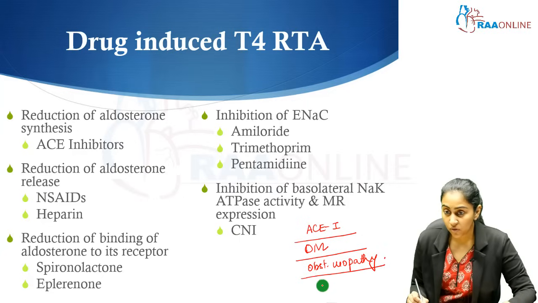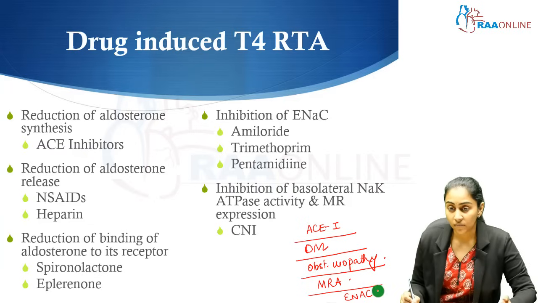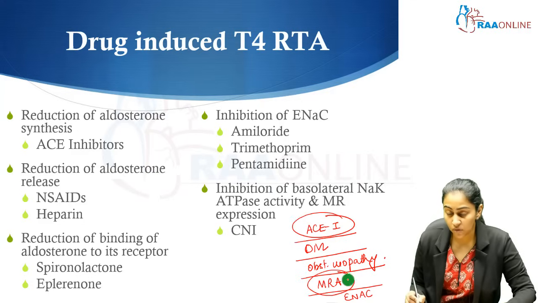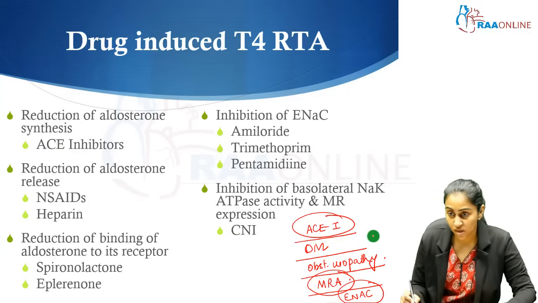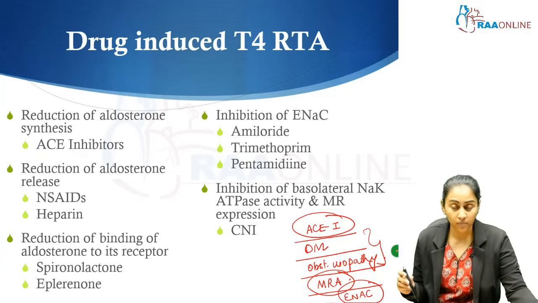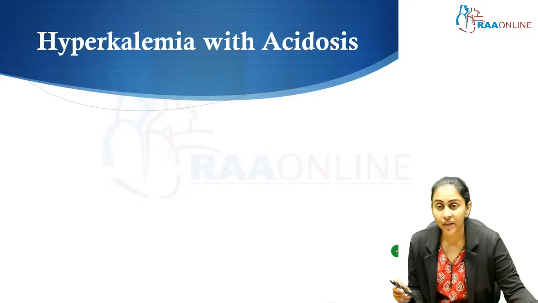Or the patient could be on some mineralocorticoid receptor antagonists like spironolactone, eplerenone, or ENaC channel inhibitors like amiloride. So remember aldosterone, and when aldosterone is blocked, that could happen from ACE inhibitors or mineralocorticoid receptor antagonists. Remember ENaC channel and ENaC channel inhibitors can result in type 4 renal tubular acidosis. As far as the renal diseases are concerned, the important ones to remember are diabetes and obstructive uropathy.